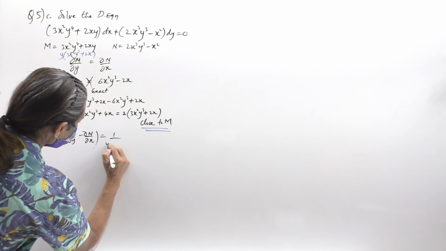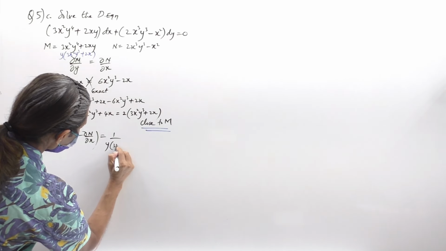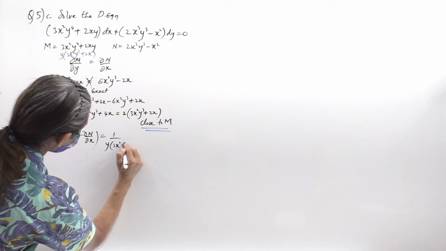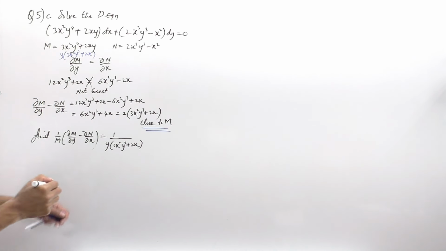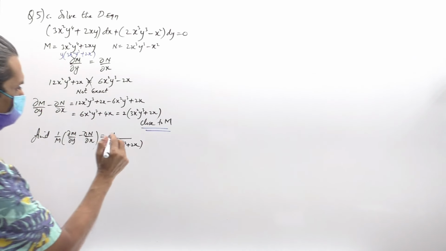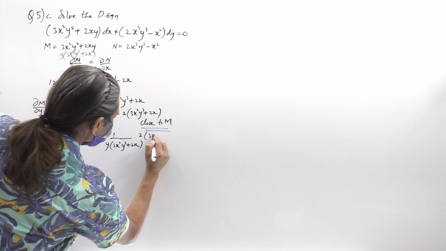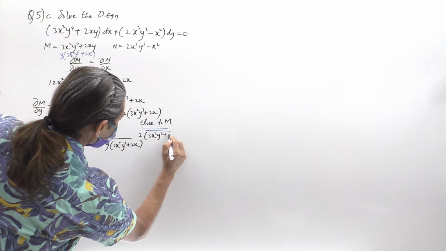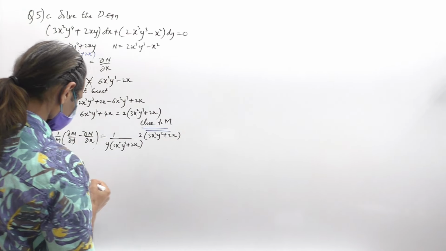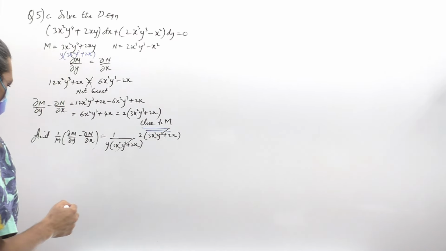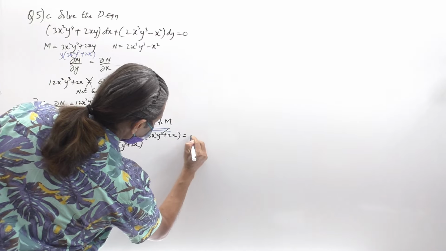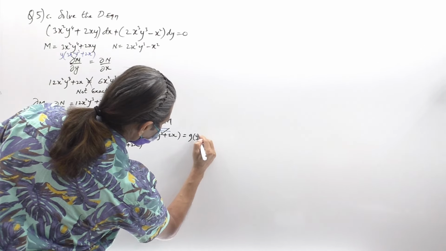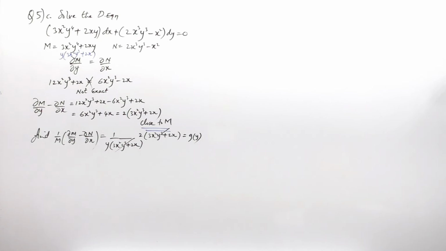I take 1 by y into 3x squared y cubed plus 2x, into 2 times 3x squared y cubed plus 2x. See that these terms cancel here. And whatever you get is taken as g of y. If it was close to N, then f of x. If it is close to M, it is taken as g of y.